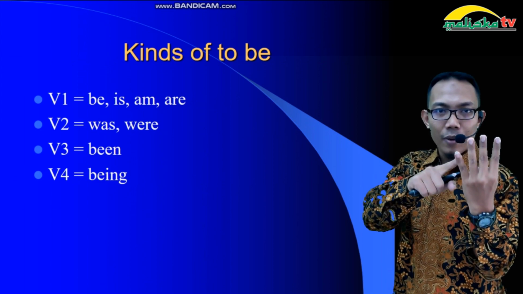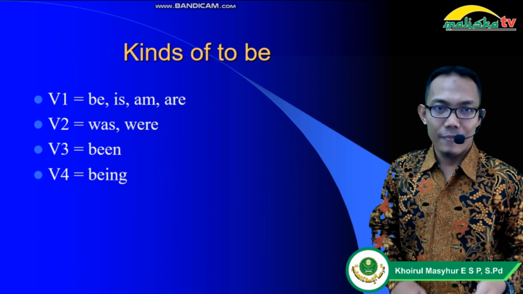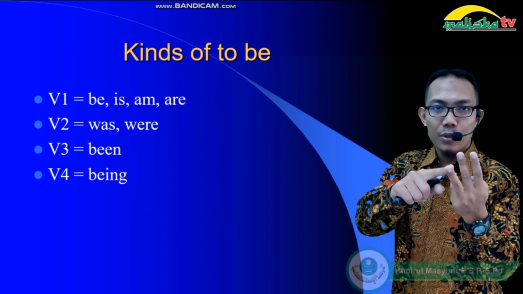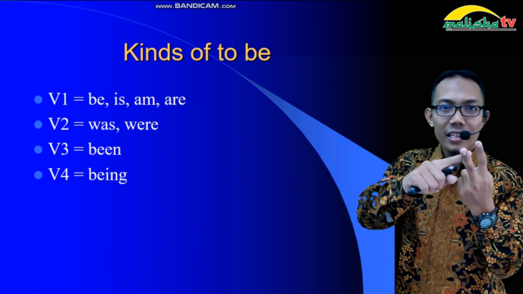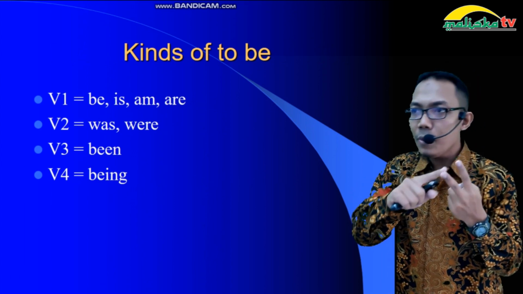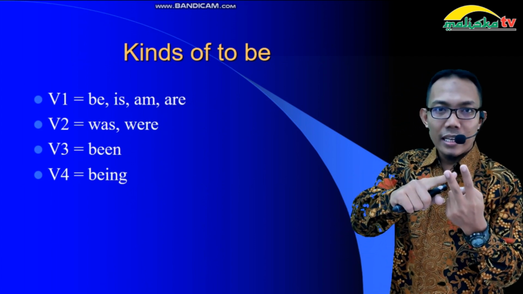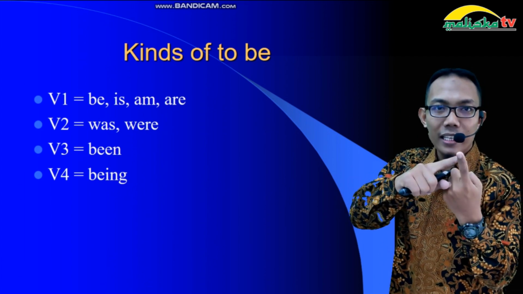To be in V1 is be, and then is, and then are. To be in V2 is was and were. To be in V3 is been. Only been, sir? Yes, of course. To be in V3, only been. And then to be in Ving, only being.